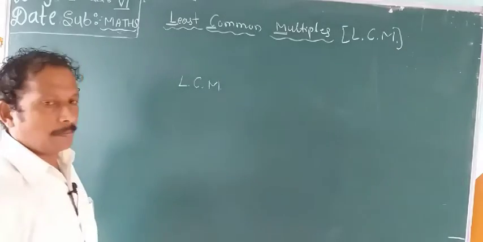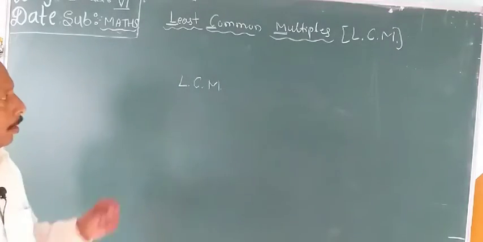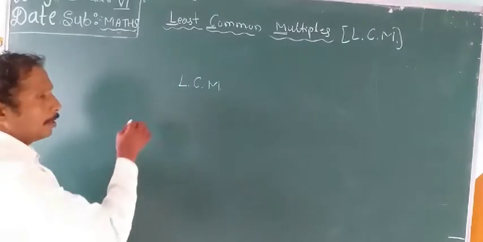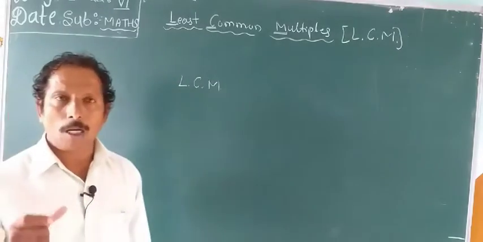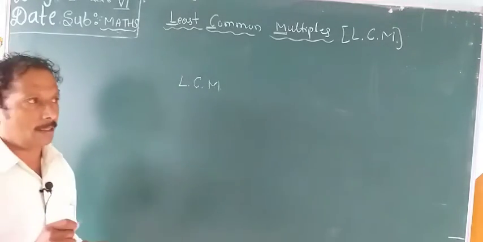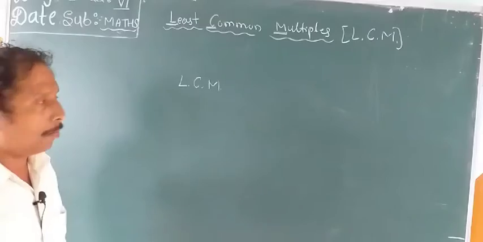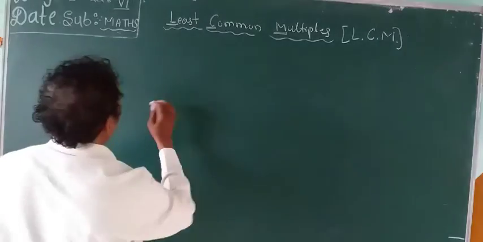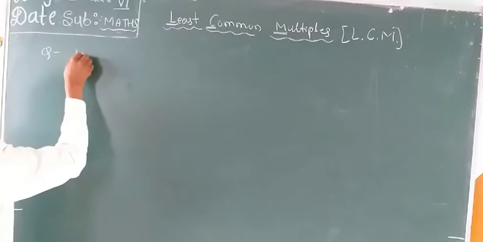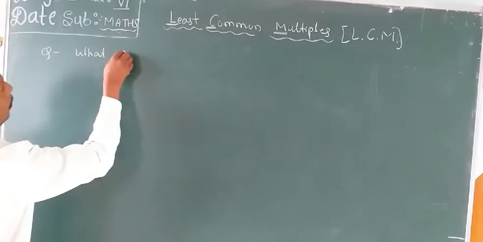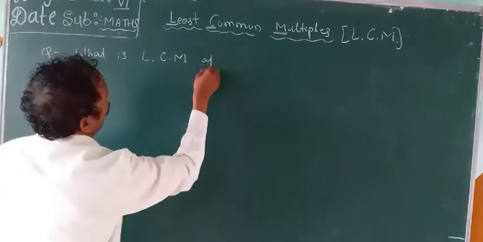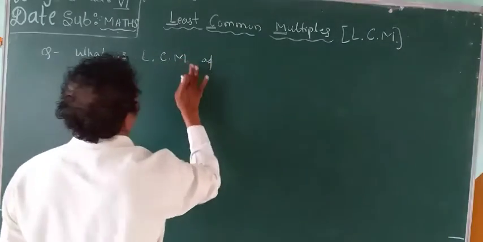What is LCM? LCM is the least common multiple. So, LCM of any two or more numbers is the least of their common multiples. Question: What is LCM?